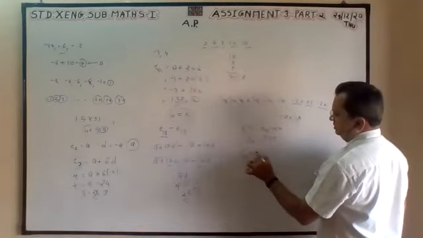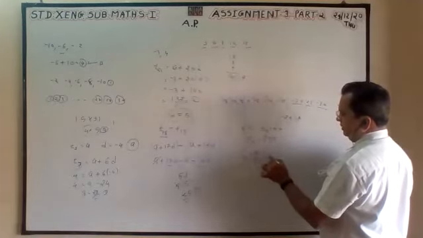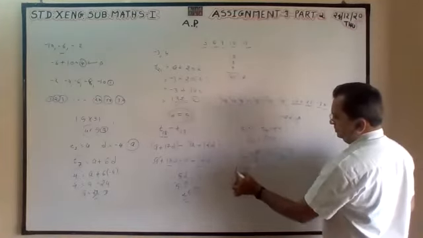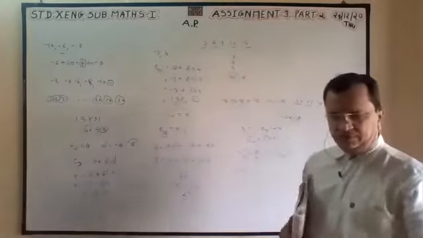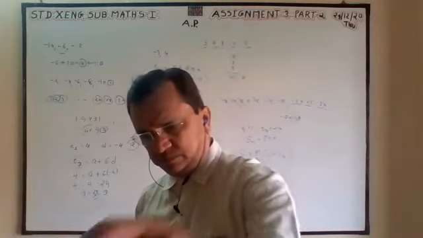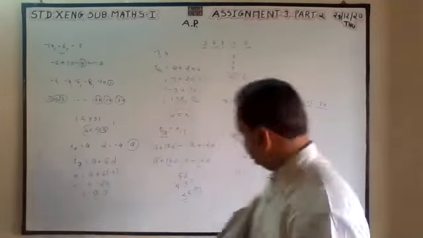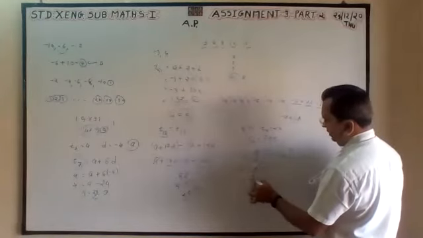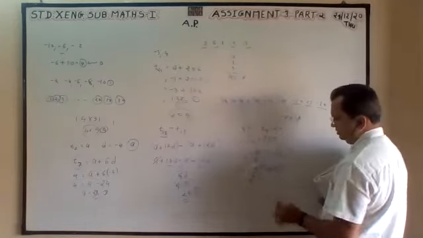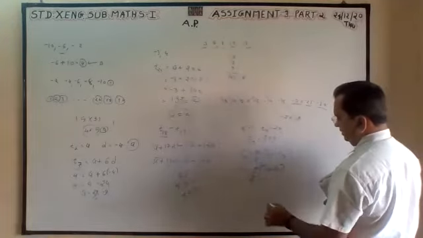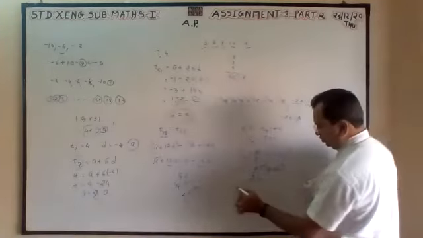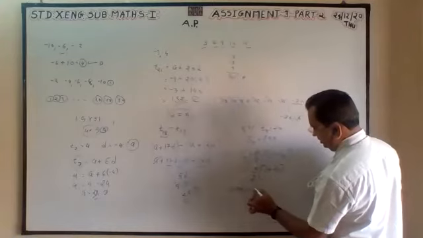So Sn is equal to n by 2 in brackets T1 plus Tn. 399 is equal to n by 2 times 21. We have to find n. First is 1, last is 20, so 21. Multiply by 2: 400 less 1, 800 less 2. So 798.